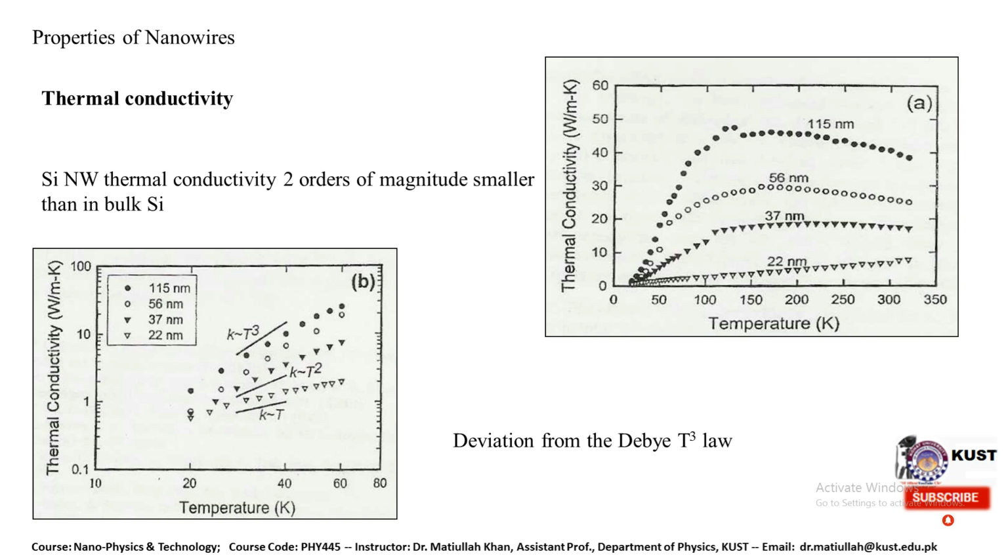So here we can see that a material that is nanowires with a wire diameter of 22 nanometer carries very low thermal conductivity in the range of 25 to 350 K, where the same material, when its diameter size for the nanowires is increased to 115 nanometer, shows a drastic increase in the thermal conductivity.